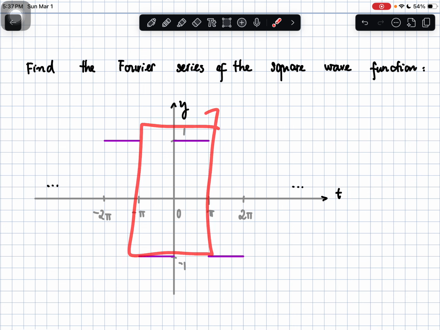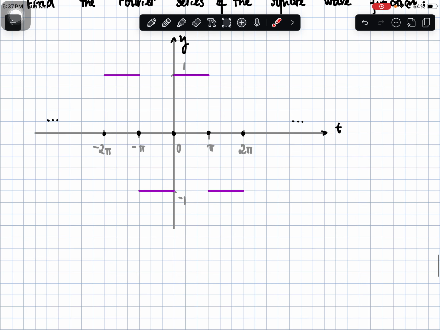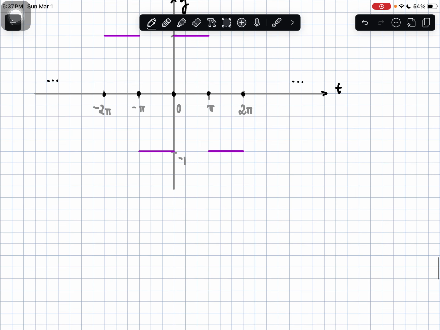The smallest period is 2 pi, and the values here are 0. So at pi, 0, minus pi, 2 pi, minus 2 pi, the values are 0. This is an example of a 2 pi period function.